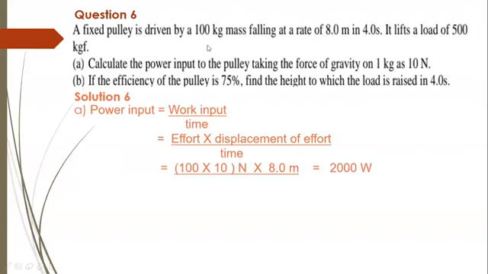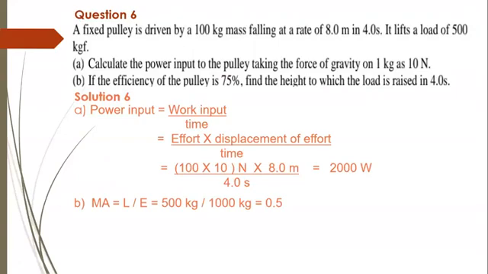So mass is 100. How much is the force? Multiply it with the force of gravity. It is given in the question. Take the force of gravity on 1 kg as 10 Newton. On 100 kg, it will be 100 into 10 Newton. Displacement of effort, the effort is getting displaced by 8 meter in 4 seconds. So your answer comes out to be 2000 watt.